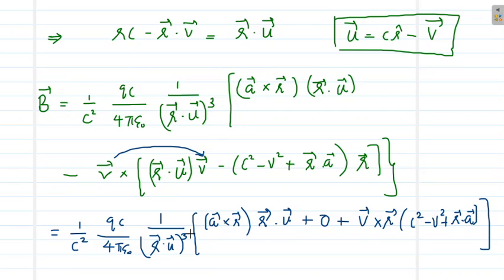Now we know in the terms inside the bracket we have cross r bar as common, right? Here we have to take a bar cross r bar and here we have to take v bar cross r bar. So we can take this cross product of r bar as a common term outside.